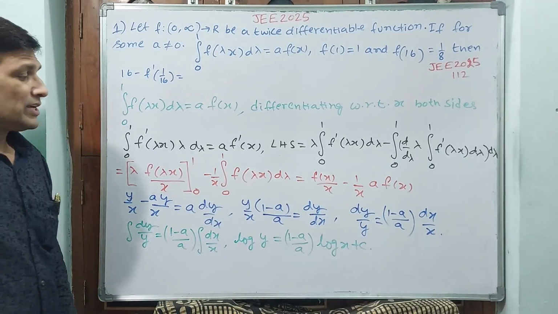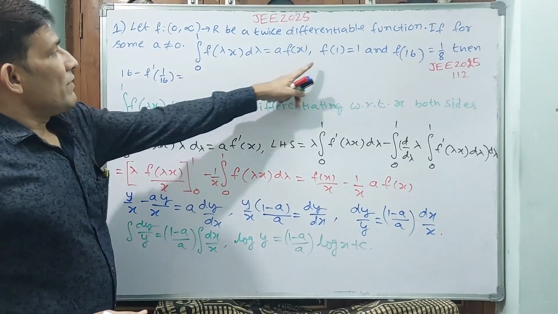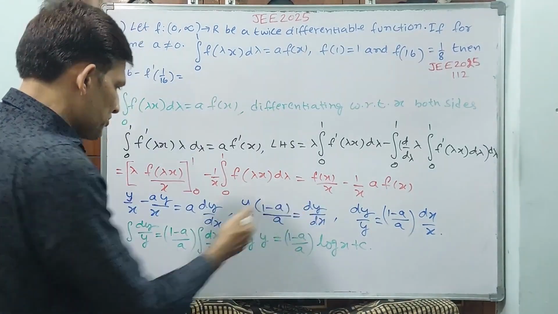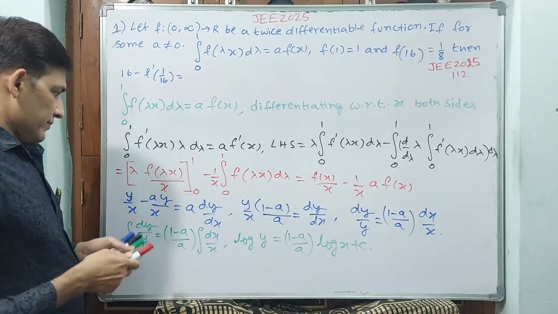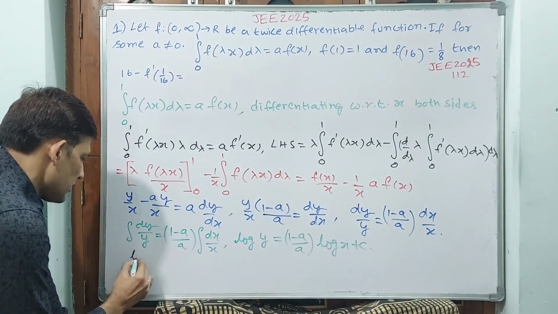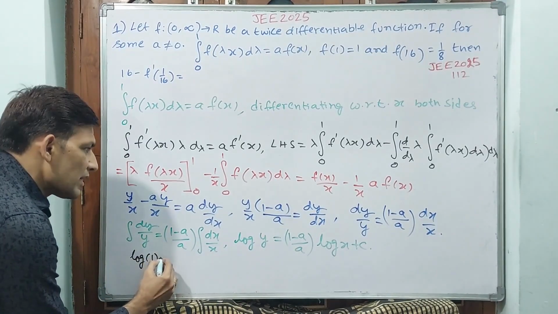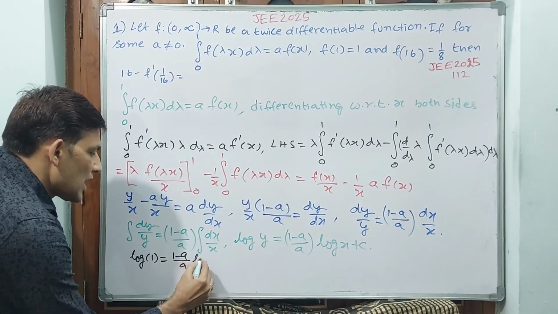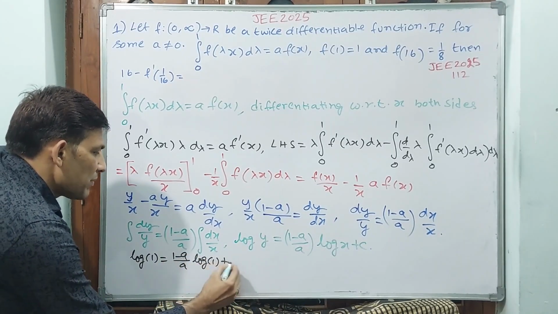Okay. Now see here. f of 1 is equal to 1 means x is equal to 1, y is equal to 1. You substitute. That means log 1 is equal to 1 minus a by a log 1 plus c.